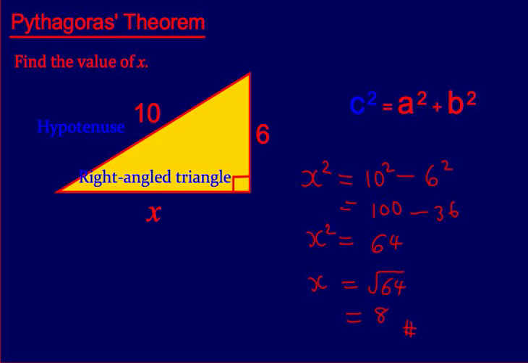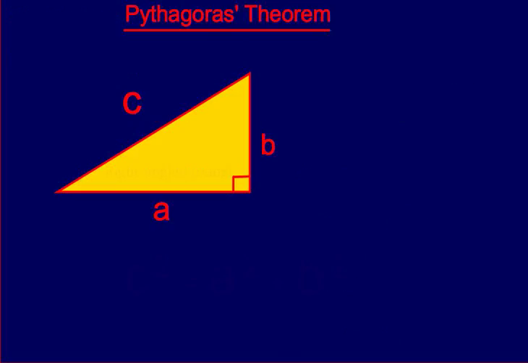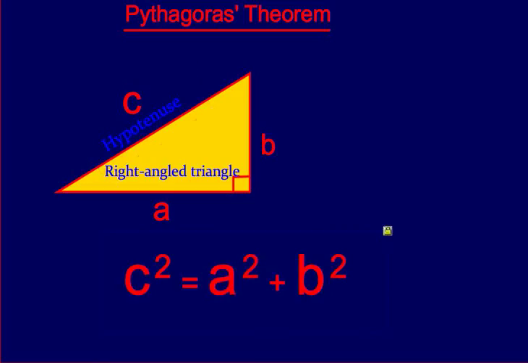So just a recap very quickly. Pythagoras works only on right angle triangles. Determine where the hypotenuse is, and then the hypotenuse squared is the sum of the squares of the other two sides.